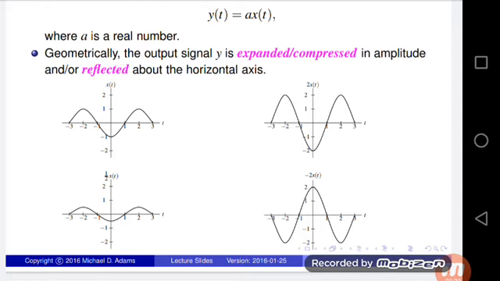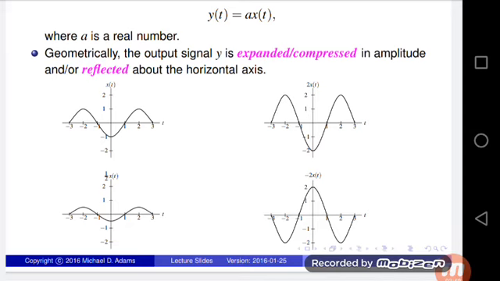So the amplitude range is -2 to +2, and the time interval range is +3 to -3. So we are comparing x of t and 2x of t. The signal will be expanded compared to x of t. 2x of t is greater than x of t. That means by increasing the amplitude, the signal will be expanded.